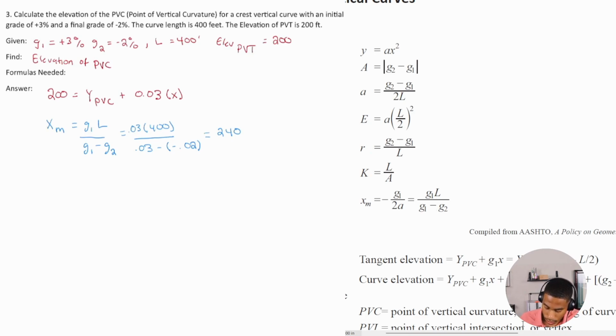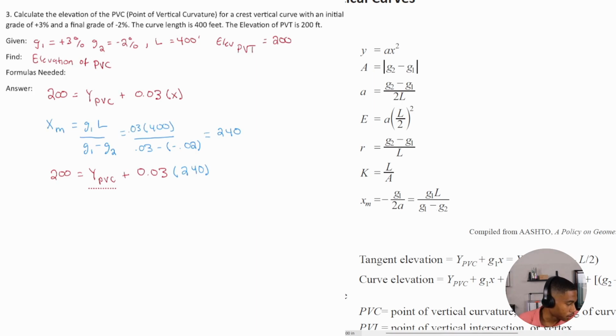Now we can solve for PVC, our elevation for the PVC. So it's going to be 200 is equal to elevation at PVC plus 0.03 times the 240.